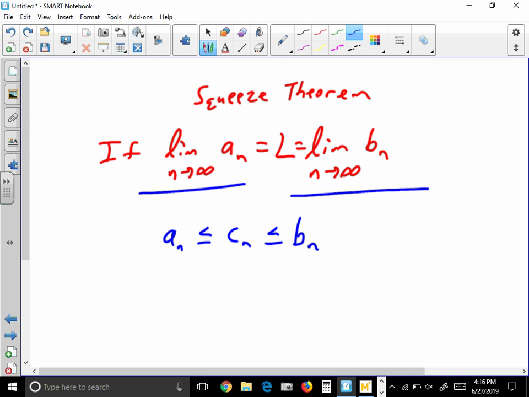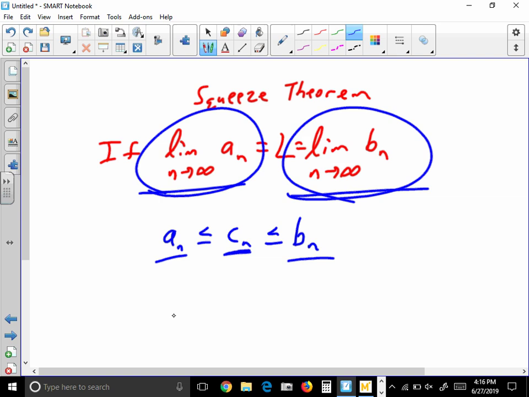Then guess what? If this sequence is between those 2, and we know what those 2 go to, that other one has to go to the same thing because it's squished right in between.